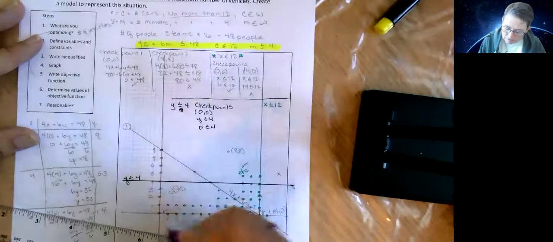Sorry. All right, so checkpoints. You guys already know how this is going to work. 0 and 0. y is less than or equal to 4. 0 is less than or equal to 4. So this side looks yes.